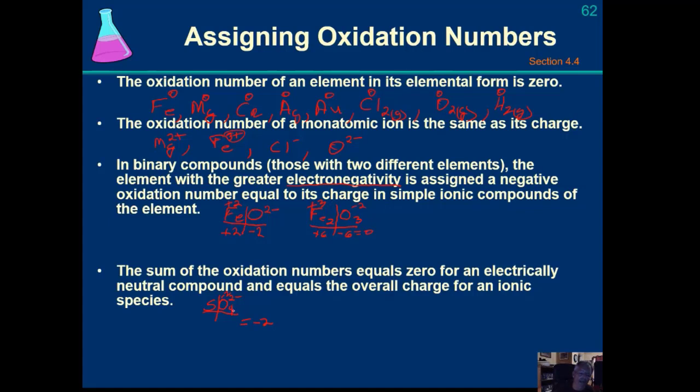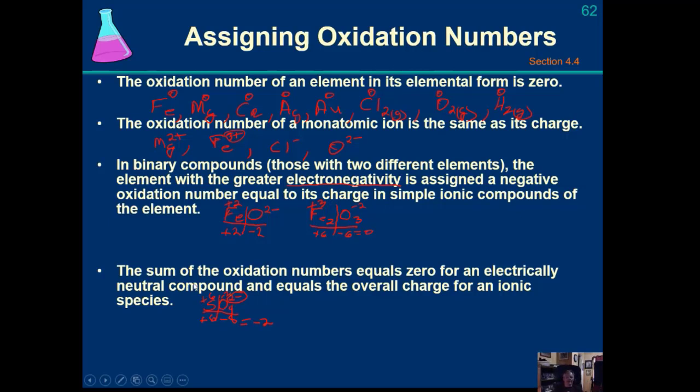I have 4 of them. Each one of them has a -2 charge. So 4 times -2 is -8. Now remember, the overall charge on the sulfate anion is -2, so the positive charge on sulfur has to add to -8 to equal -2. So that tells me that it's going to be a +6 oxidation state.